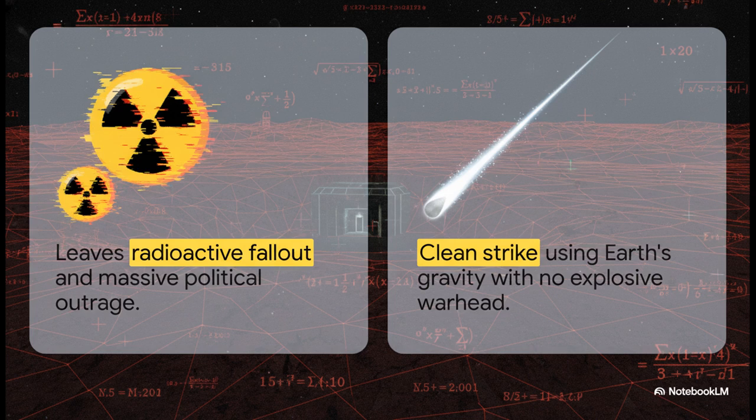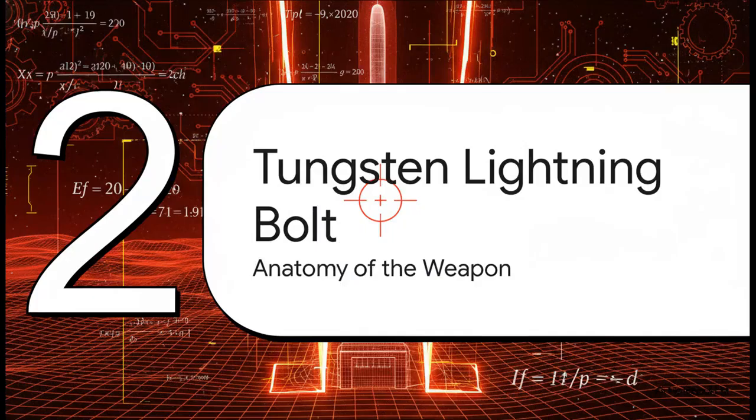But kinetic bombardment, dropping a solid rod of metal from space, delivers massive destructive yield using literally nothing but the Earth's gravity well. No explosives, no radiation, just a clean, highly deniable strike that brilliantly exploits a known loophole in the 1967 Outer Space Treaty.